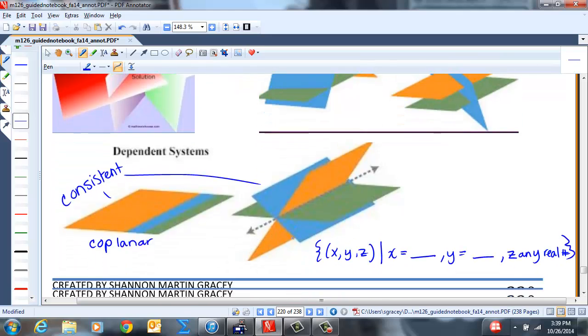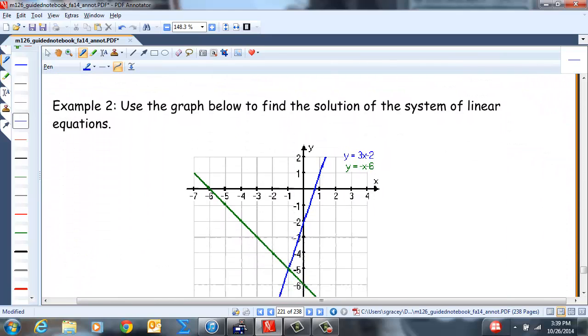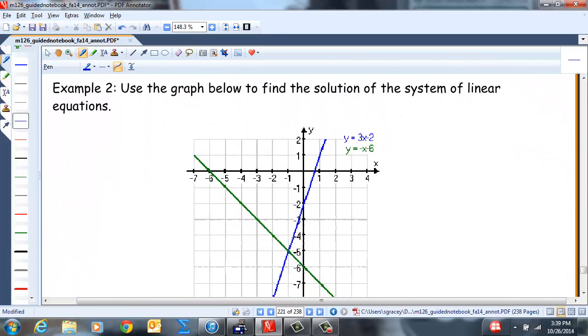All right, so let's check out what we have. So let's use this graph to figure out the solution of the system. So what do you think? Don't worry about the lines right there, the graph. Don't worry about this stuff right here. You're just focused on what? Good. You want to know where they intersect. These lines intersect where? At when x is -1 and when y is, great, -5.